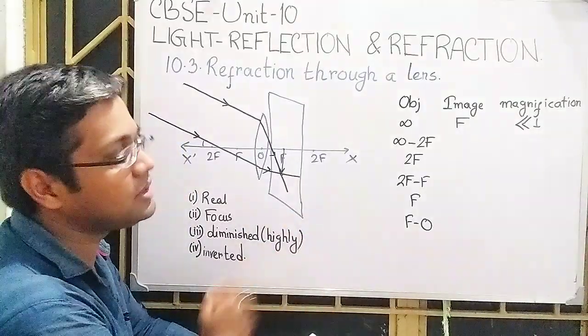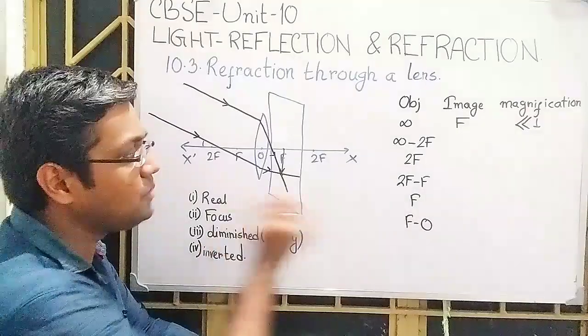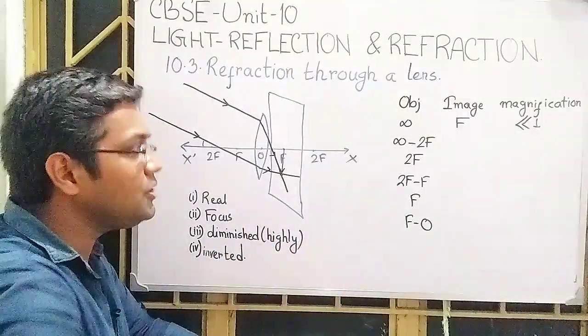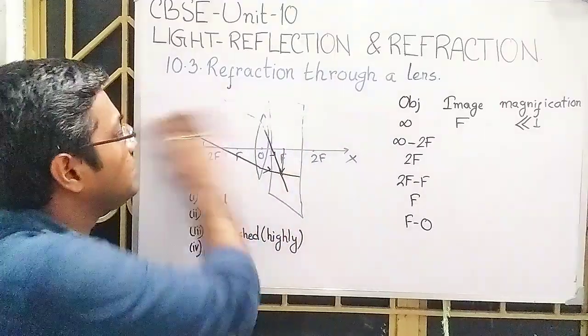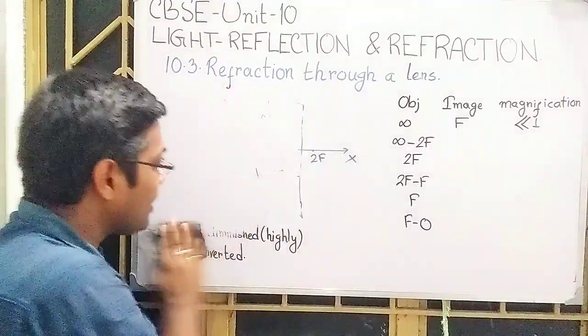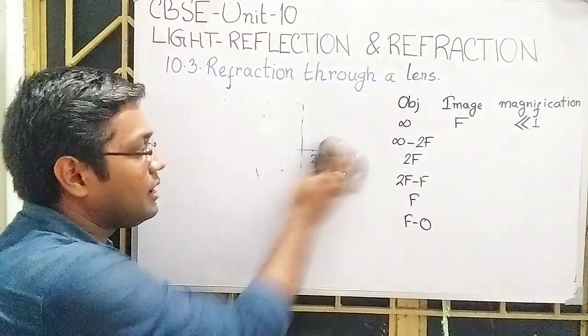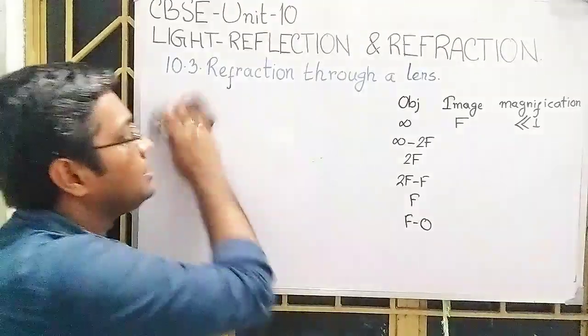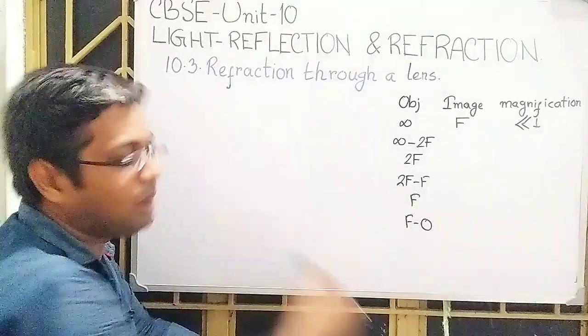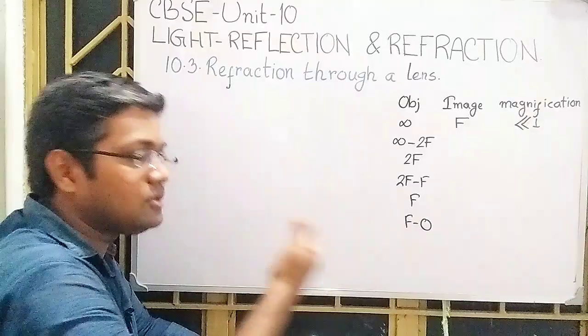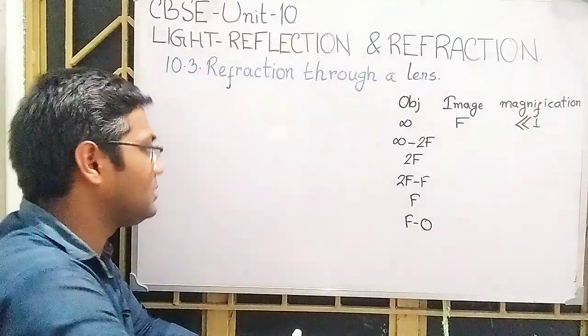Now if I go for the next one, if the object is placed in between infinity and 2F, where will we obtain the image? Okay, and here I think you have understood that the object is taken one step forward towards the lens.